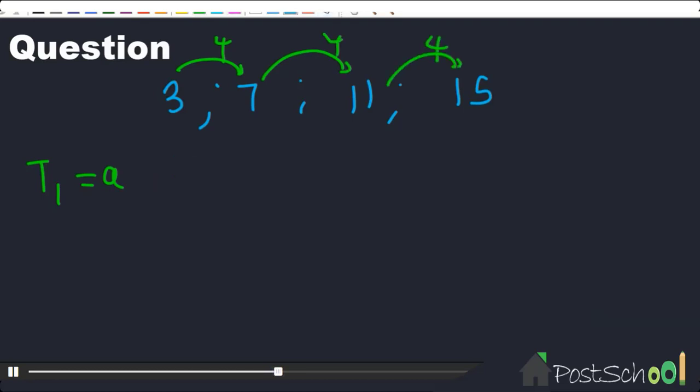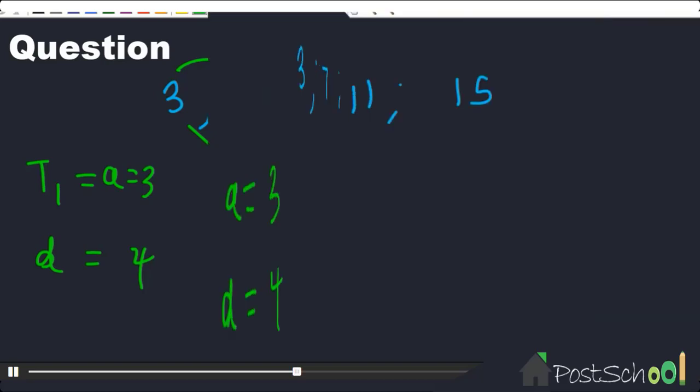The constant difference is 4. So D is equal to 4. Those are the important things that I need to extract from the arithmetic sequence: the first term and the difference between the numbers. That is very important.